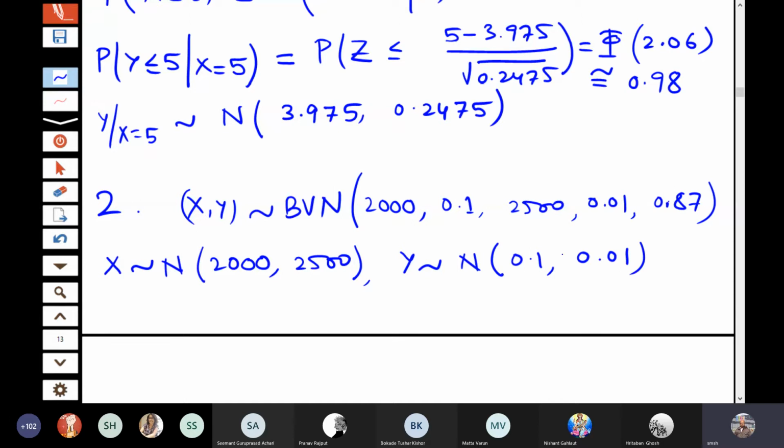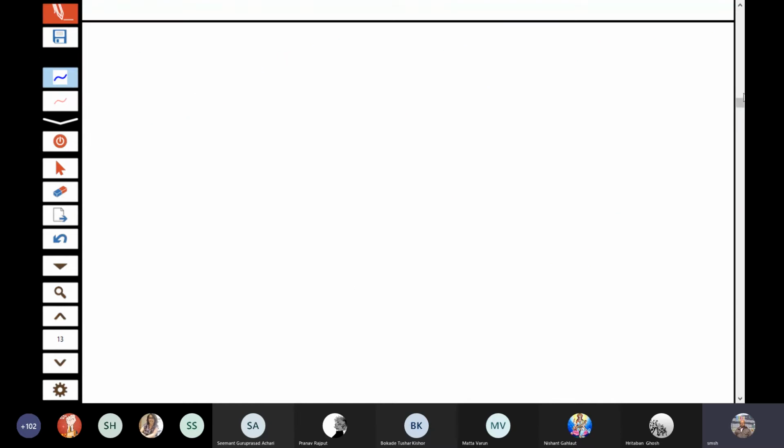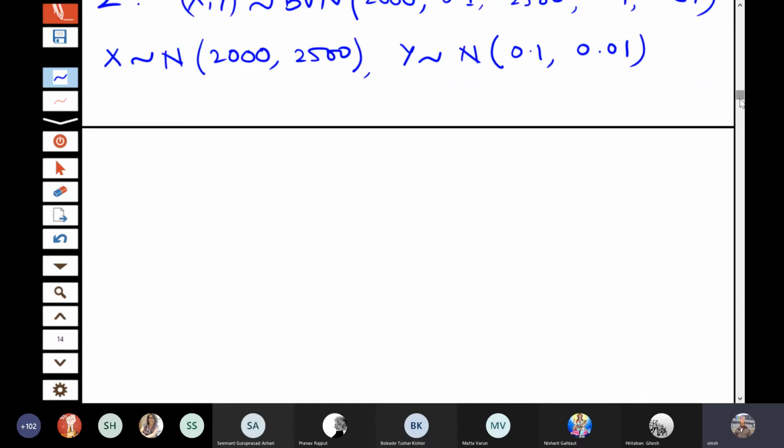If I want to calculate the conditional distribution of x given y, suppose I am asking the question, what is the probability x greater than 1950, given that y is equal to 0.098. Just some value I have put here for y and a certain probability I want to calculate.